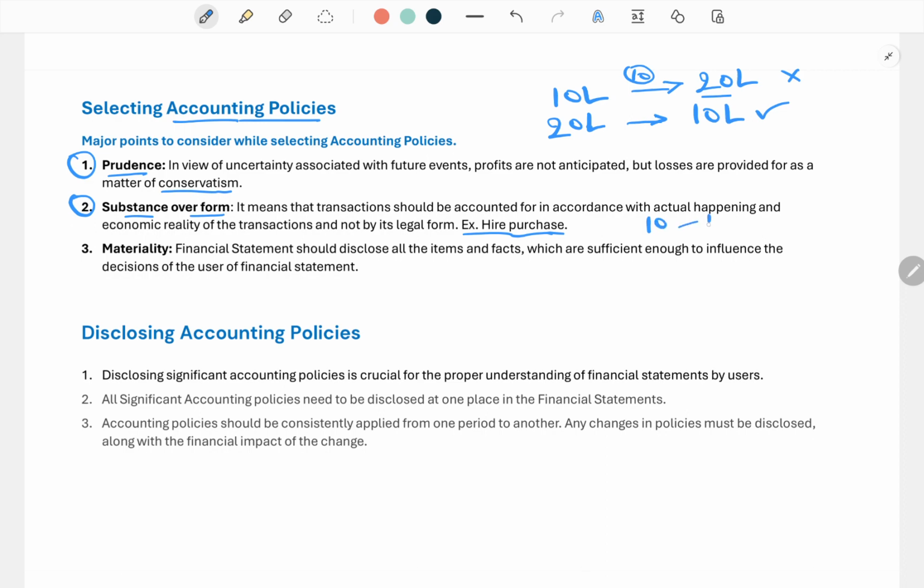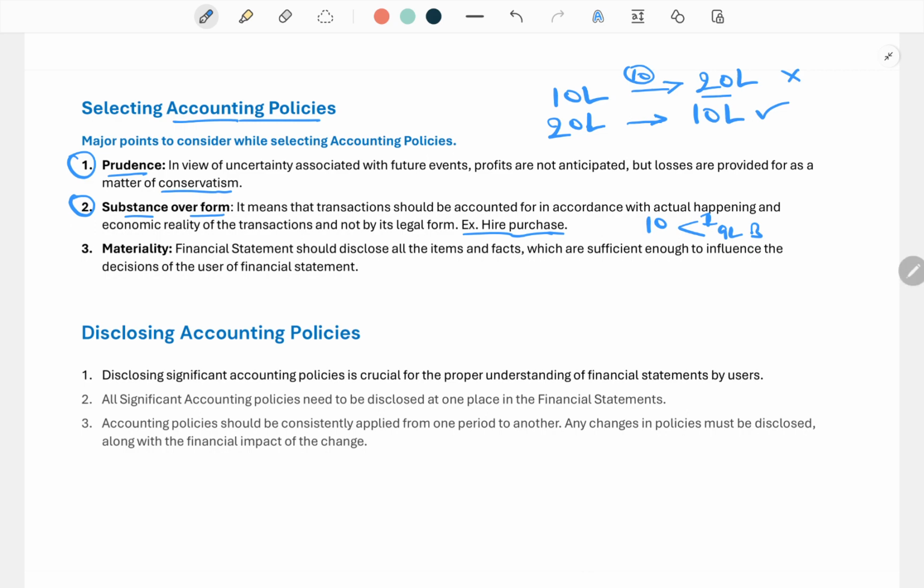I paid 1 lakh and the bank paid 9 lakhs. Who paid more? Bank. But as I am using the car, the benefit is taken by me. It is still considered as my car even though the money is paid by the bank. So, legal owner is not relevant. Who is the person getting benefited is more important.